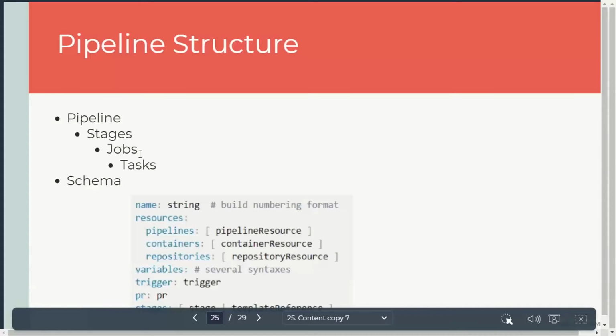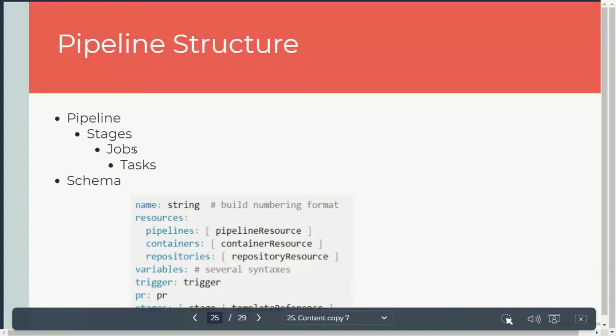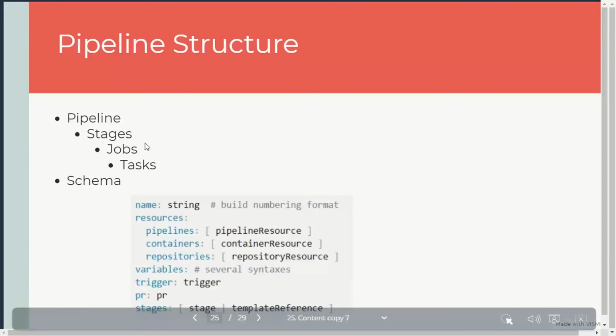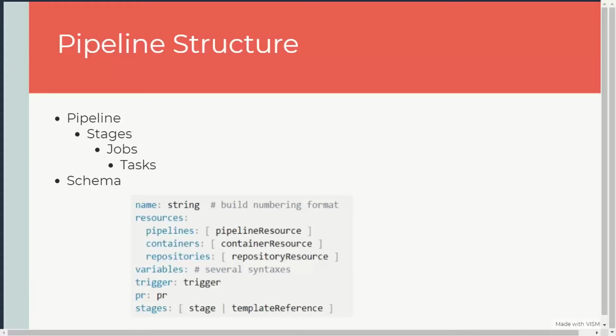For example, our stage is code scanning, and under the code scanning stage we will have many scans like Checkmarx, CAST Highlight, and Black Duck. We can configure all those scans as jobs, so that we can run many jobs in parallel. It won't wait for the previous jobs to be executed.